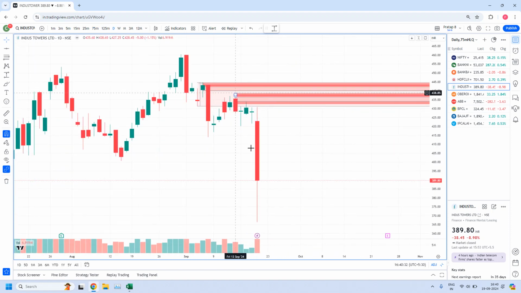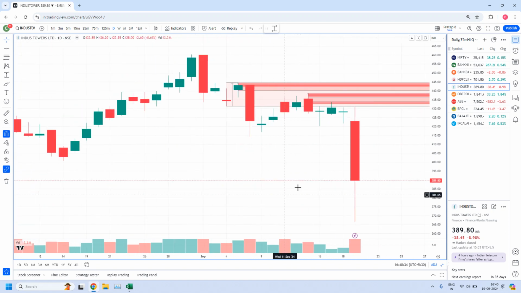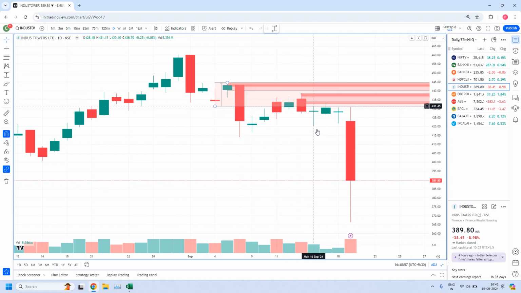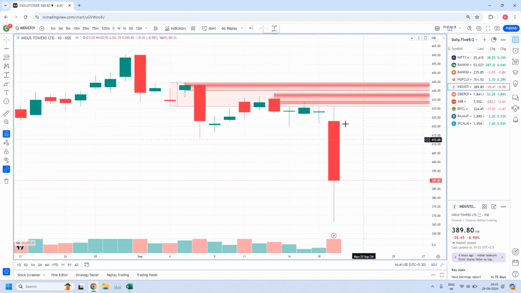I already explained how we fine-tuned this zone earlier, and we also got an aggressive trade from it on Tuesday. I explained how I fine-tuned this in Tuesday's video, so I'm not explaining it again. Today we didn't get any trade. Prices came very close, but we can't get any trade here. But there was a very big push from here.